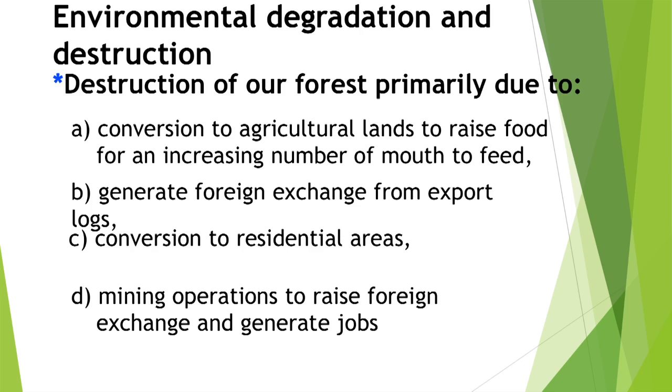The forest was also converted to residential areas. So you have agricultural lands that were converted to housing, to subdivisions, and then the people have to open up the forest in exchange for the agricultural lands that had been converted to subdivisions.